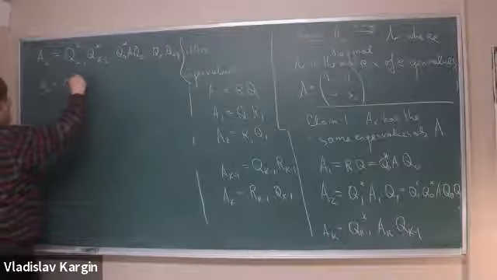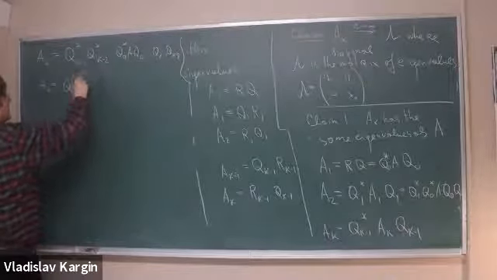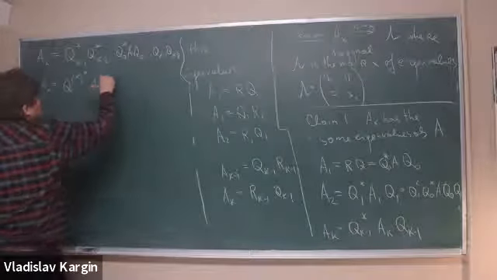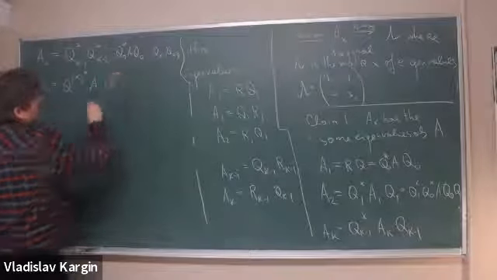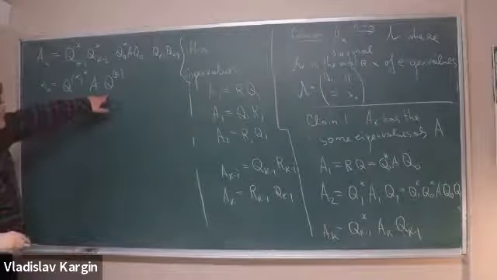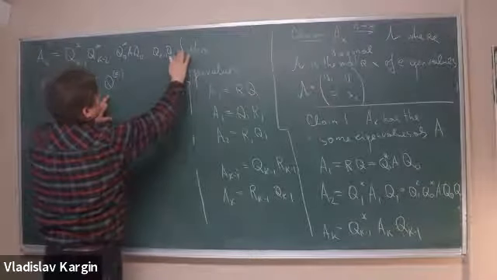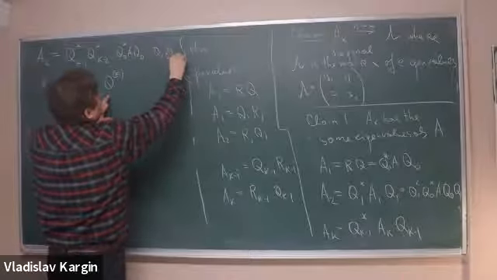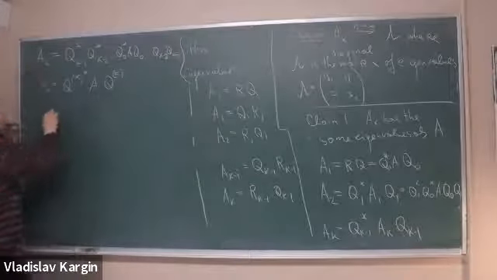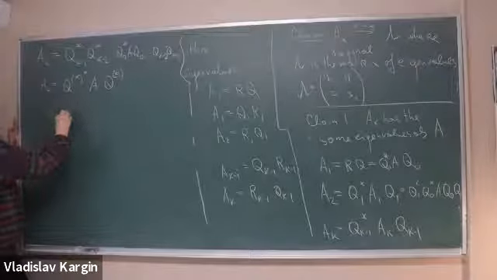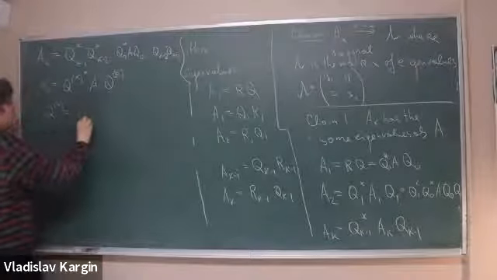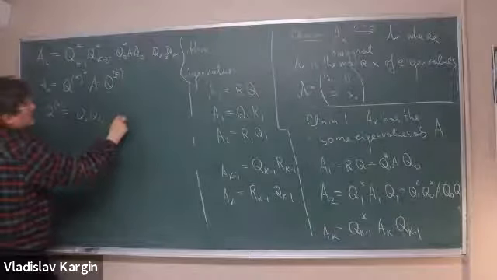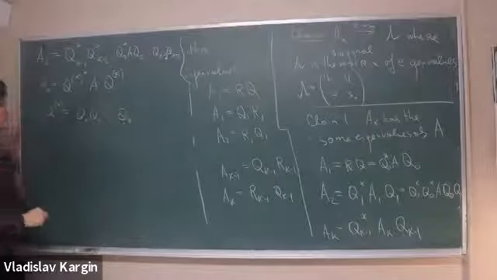AK is equal to QK star A QK, and this QK is just this product. So it should be K minus 2, K minus 1. QK is this product: Q0, Q1, up to Q K minus 1.